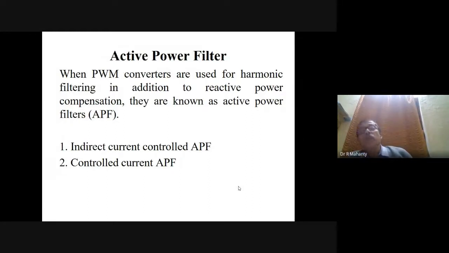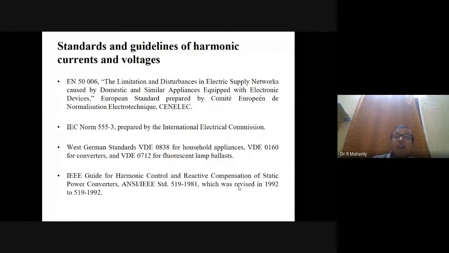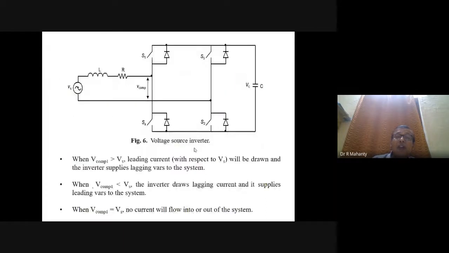Then we have the active power filters. What is the active power filter? When PWM converters are used for harmonic filtering, in addition to reactive power compensation, they are known as active power filters. Here, initially we described a converter and said that this converter is used for reactive power compensation.